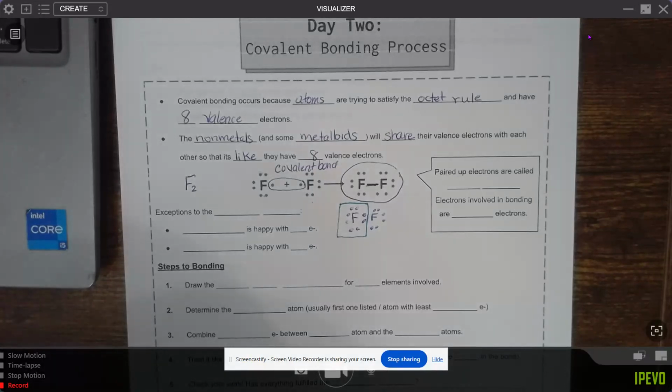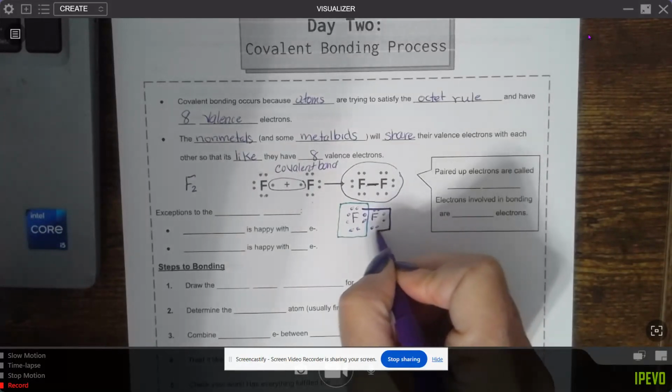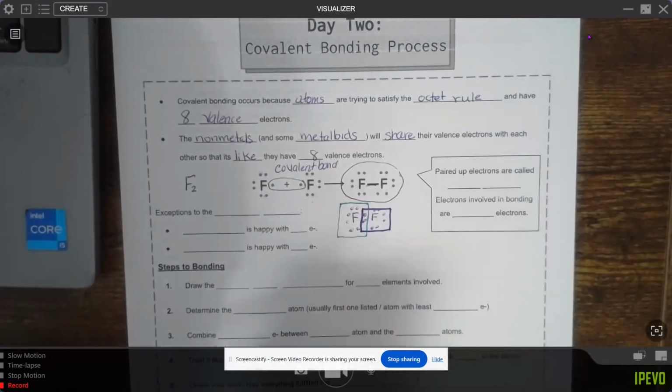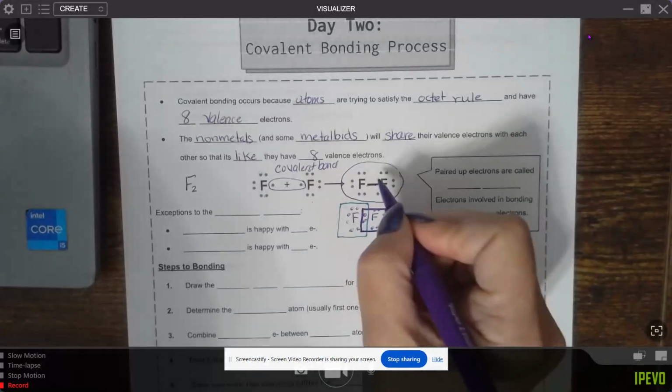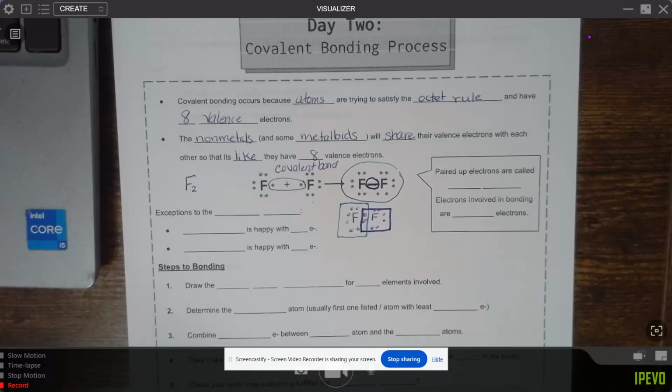This fluorine, if I draw a box around it, also feels like it has 2, 4, 6, 8 electrons because those 2 electrons are shared between the 2 atoms.